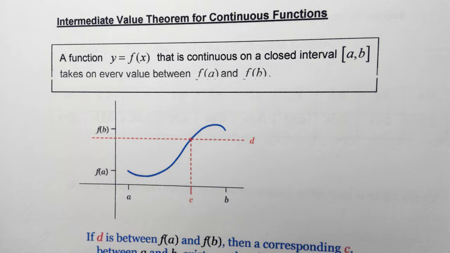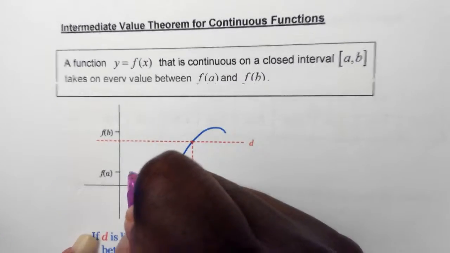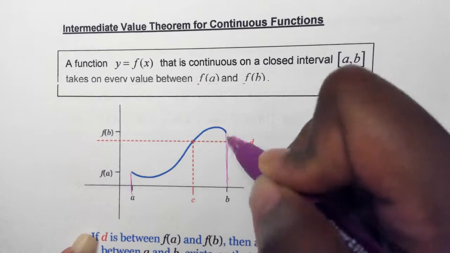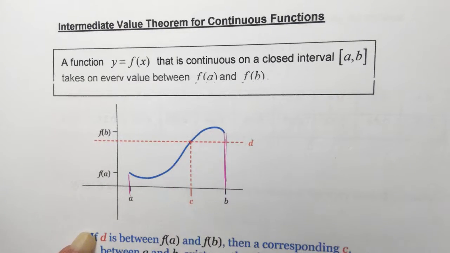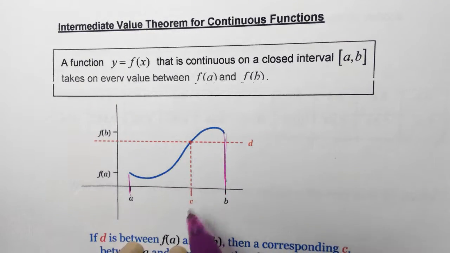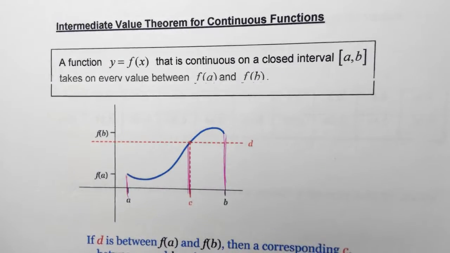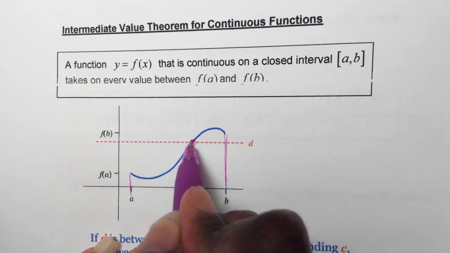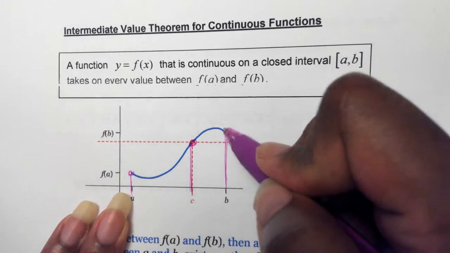So what that means is that if I have an interval from a to b and my function is continuous, which means that when I draw this function I am not picking up my pencil in any way, then there is some point c in between a and b where the y value will also be in between f of a and f of b.